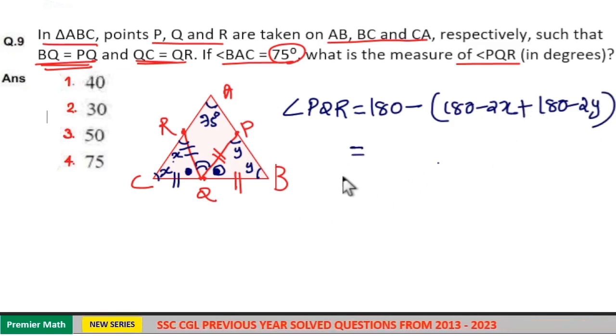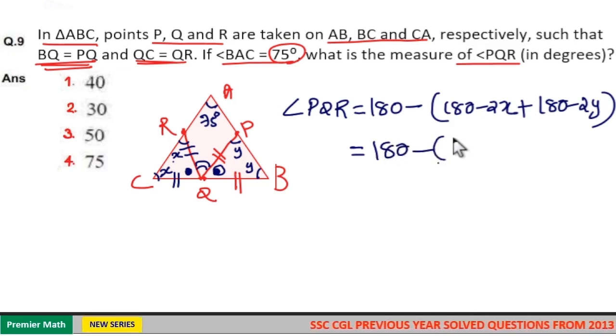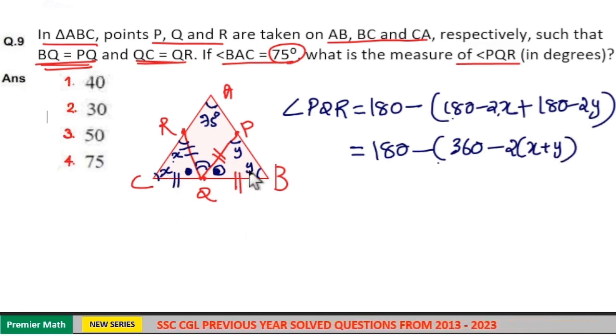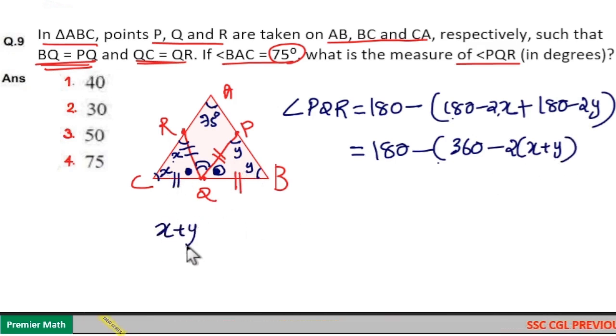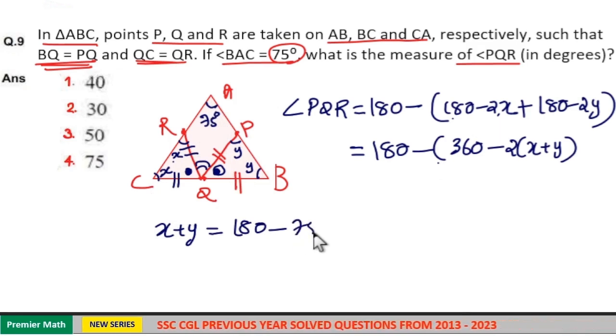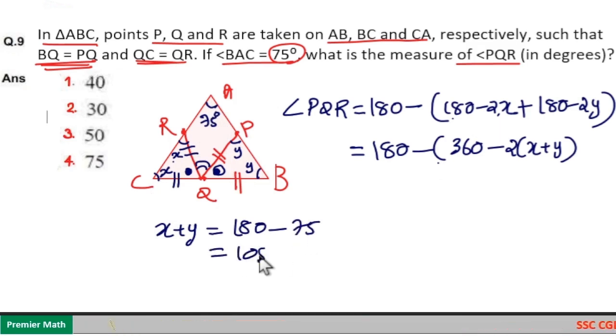So this is equal to here 180 minus, 180 plus 180 is 360. And here minus 2x minus 2y is equal to minus 2 into x plus y. Here what is x plus y? X plus y is equal to, if you consider this triangle ABC, 180 minus 75 degree, which is equal to 105 degree.